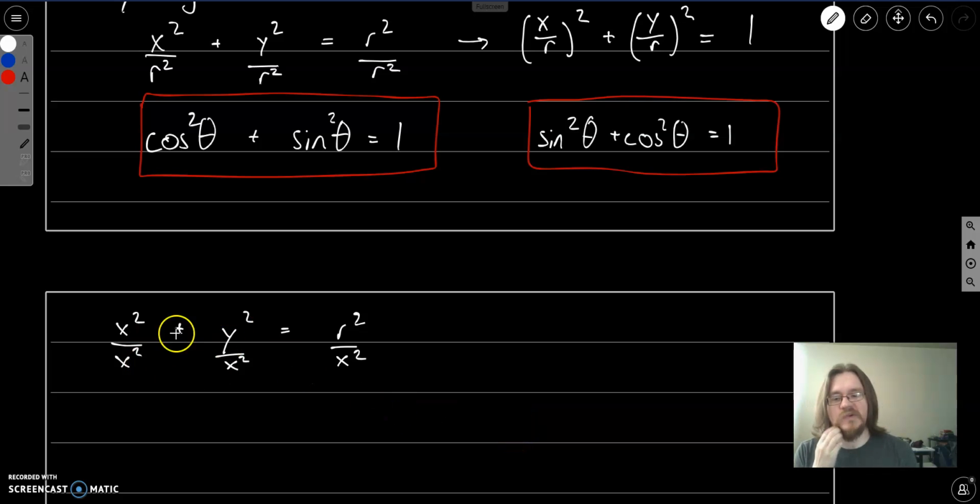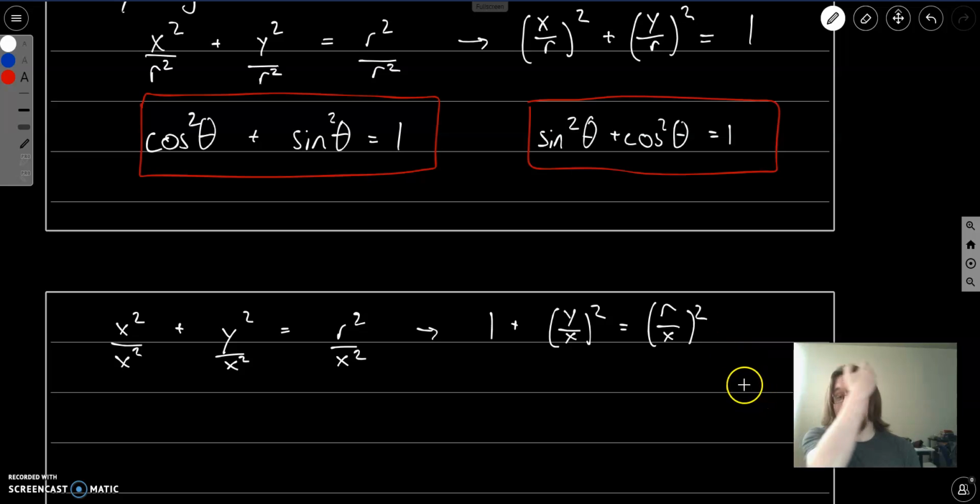So what happens when we divide everything by x squared? Well, x squared divided by x squared, that's just 1. y squared divided by x squared, well, that's just going to be y divided by x, squared. And then this last one, we have r divided by x, squared.